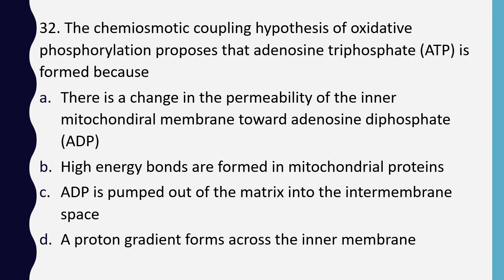A proton gradient forms across the inner membrane. Which of the following explains the formation of ATP by the oxidative phosphorylation process? Correct answer is option D. A proton gradient forms across the inner membrane, which is responsible for the ATP synthesis.